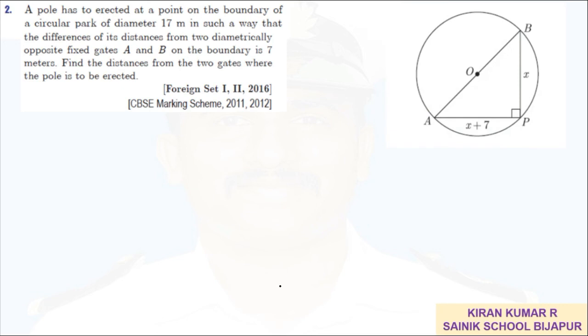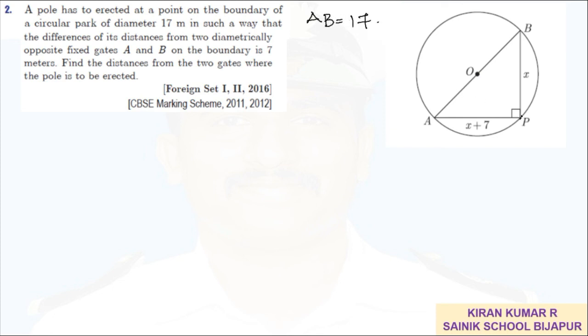A and B are the fixed gates. It's a circular path of diameter 17. So the length of AB is 17 here. Let me mention the length of AB, which is 17.